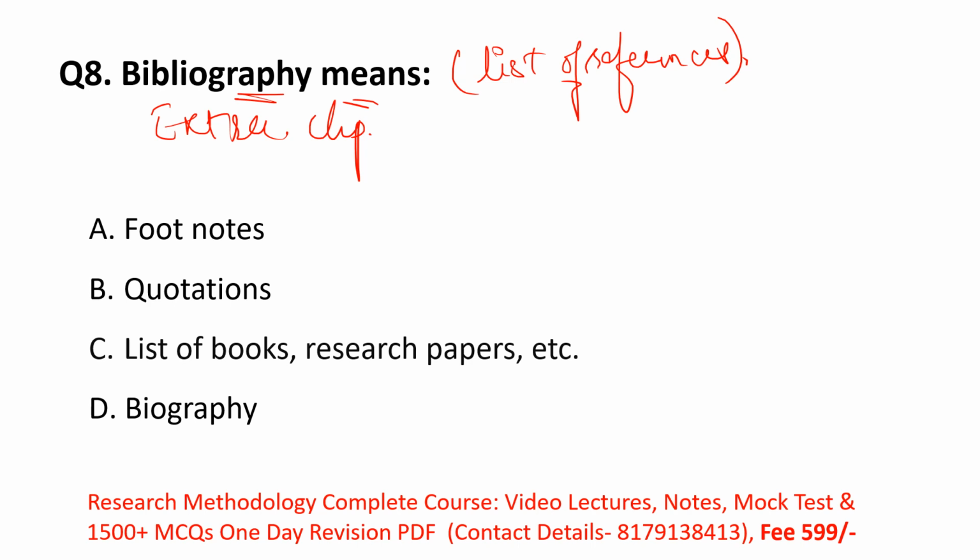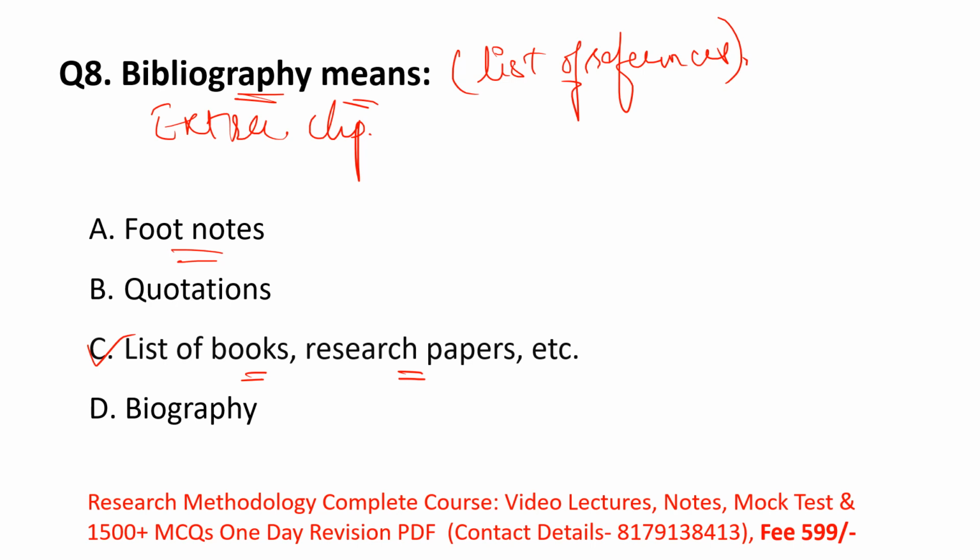So bibliography means a list of books or research papers in which the researcher mentions whatever work they did in their research. So option C is the right answer for this question. Now we'll see the incorrect options also. Option A is footnotes.